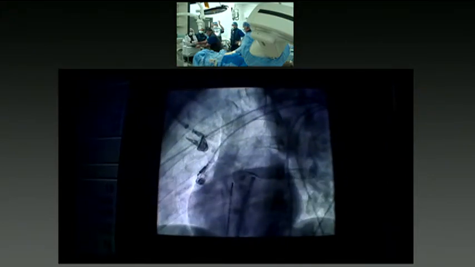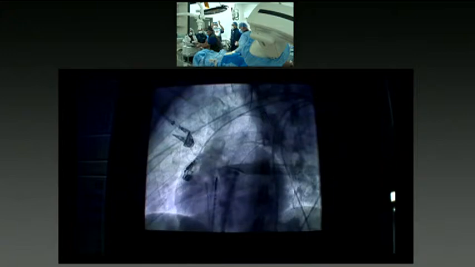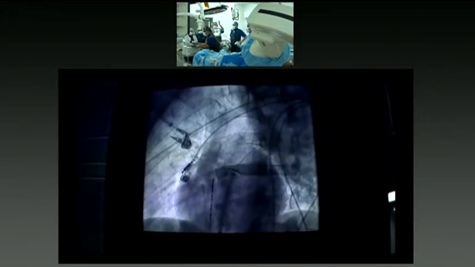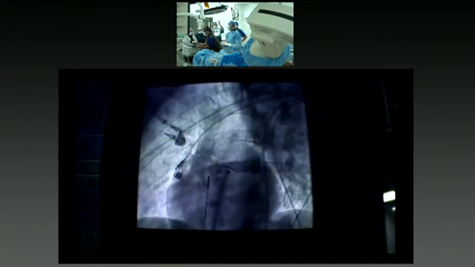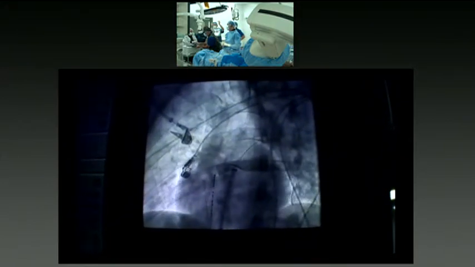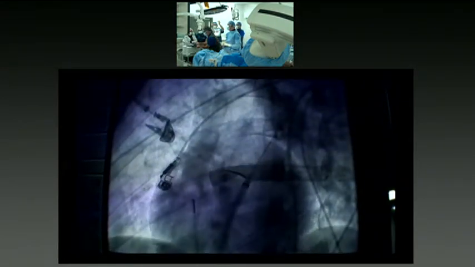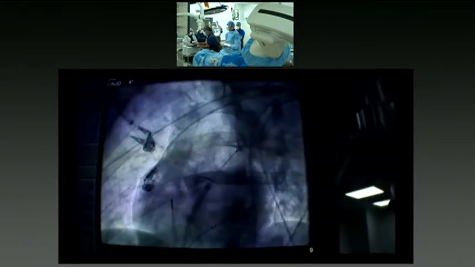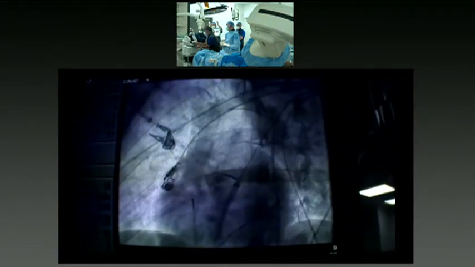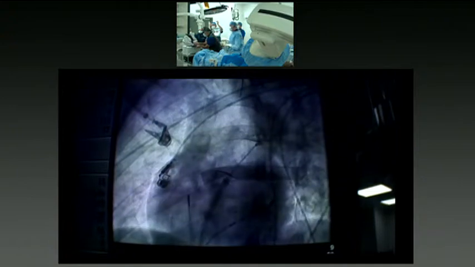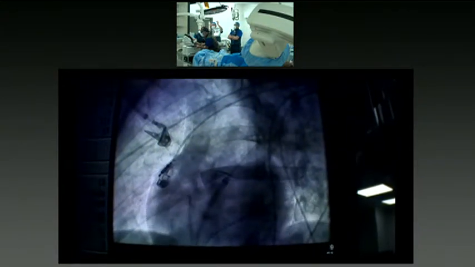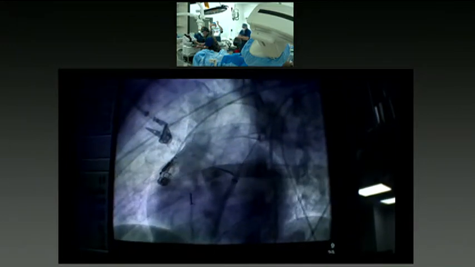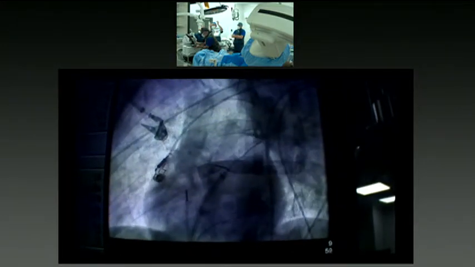So here we are advancing the catheter, and we are checking the passage through the left upper pulmonary vein. Here we will see the electrograms that were recorded, and we are also showing how we proceeded to inflate the balloon to place it as antrally as possible.